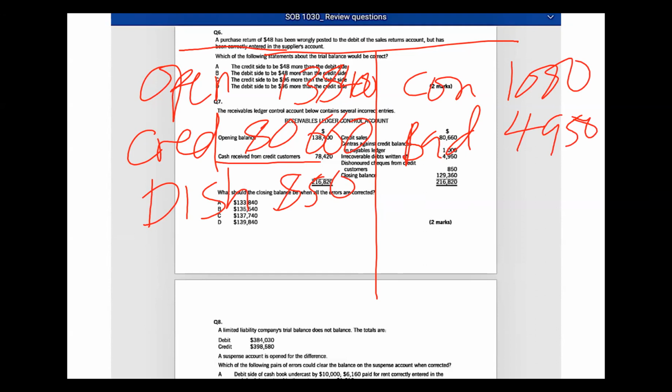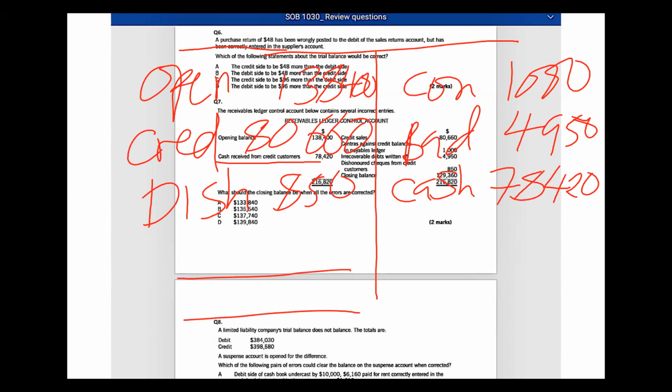When the customers pay back, it means that is reducing the balance. So there is this cash from the customers, which is worth 78,420. We can balance off the account now. I think we should be able to balance it off.